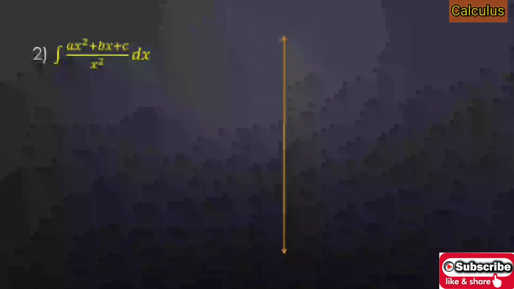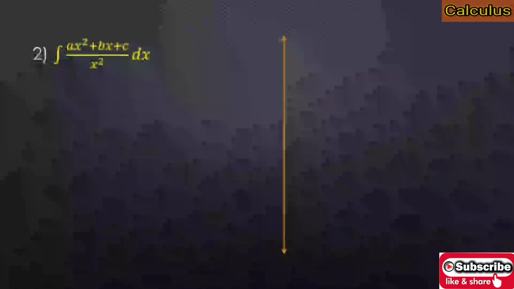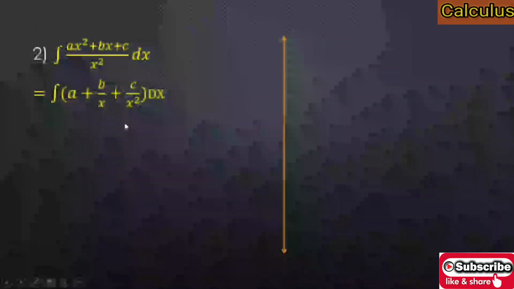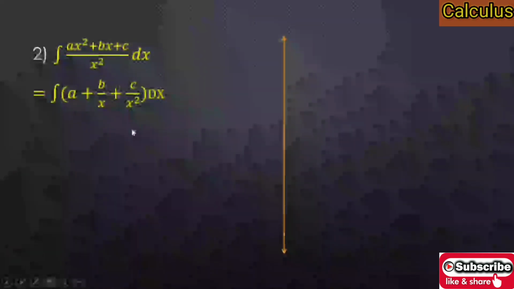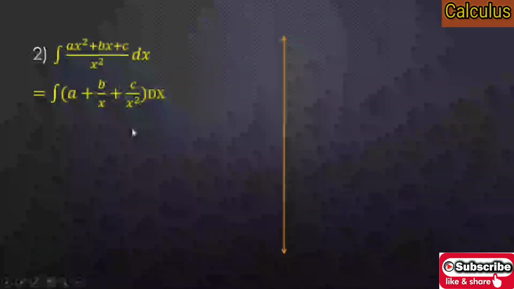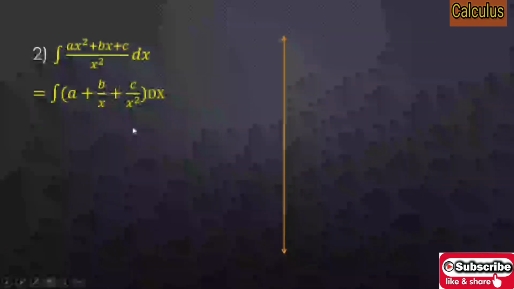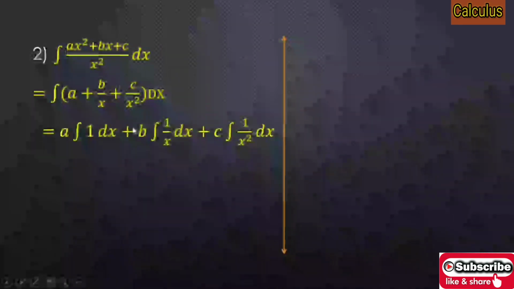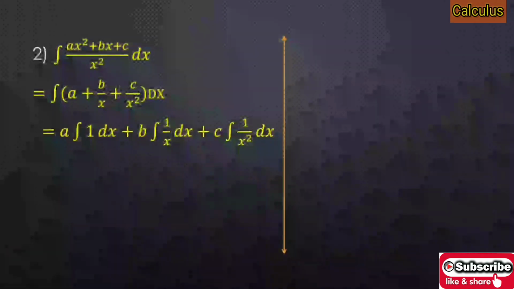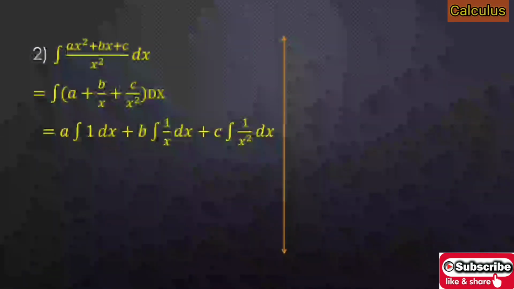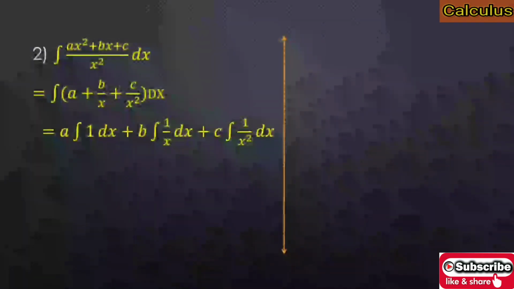In number 2 we have integration of ax square plus bx plus c upon x square. Now you can divide the numerator by x square, then you get integration of a plus b by x plus c by x square dx. Then you can just separate the integration sign, that becomes a integration of 1 dx plus b integration of 1 by x dx plus c integration of 1 by x square dx.